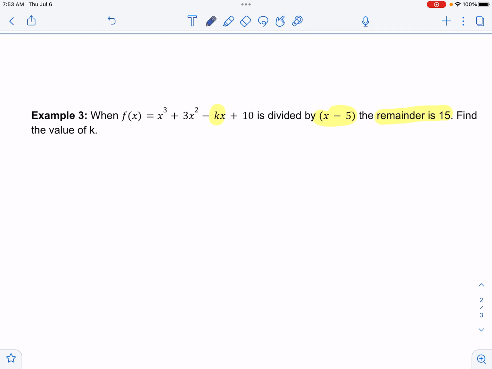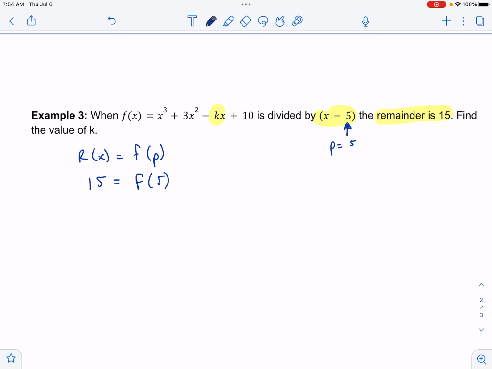Okay. So using our remainder theorem, we know that r of x is f at the p-value. R of x is the remainder. We've been given the remainder. It's 15. We could also determine our p-value. The p-value is going to be coming from our divisor. P is 5. So 15 is f of 5.